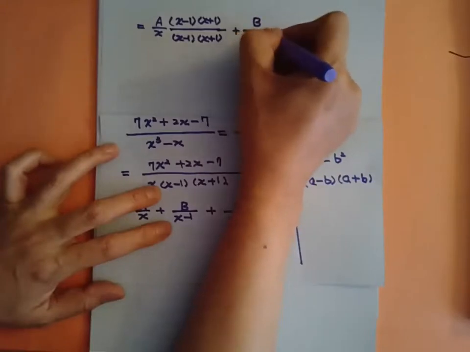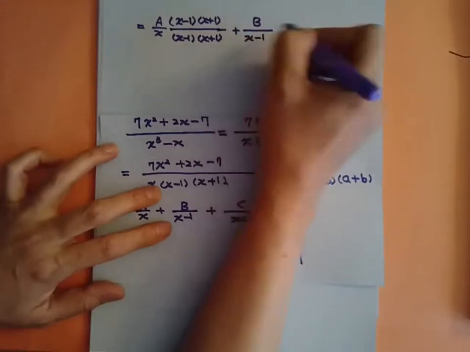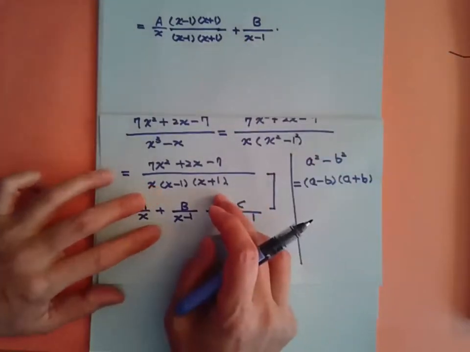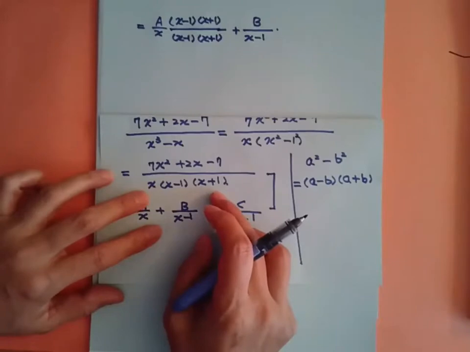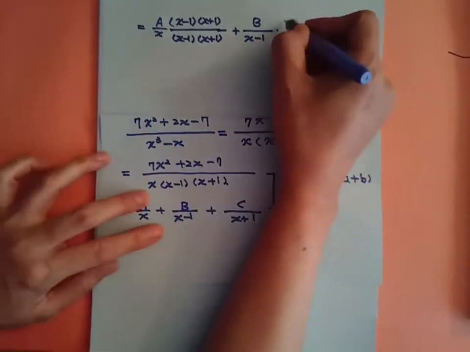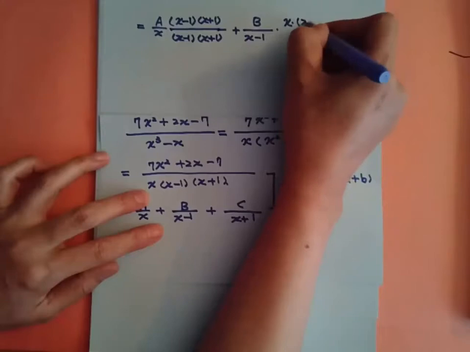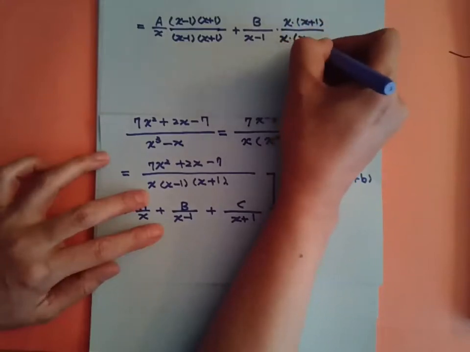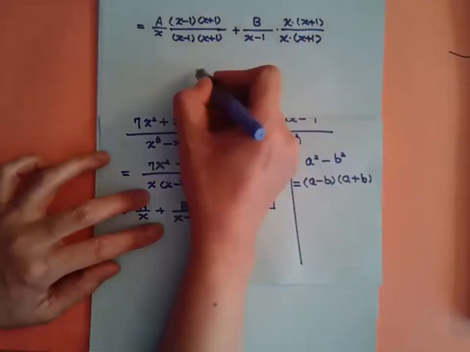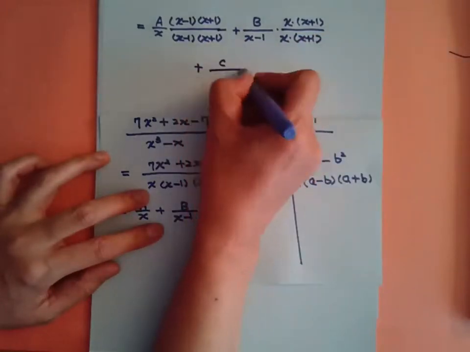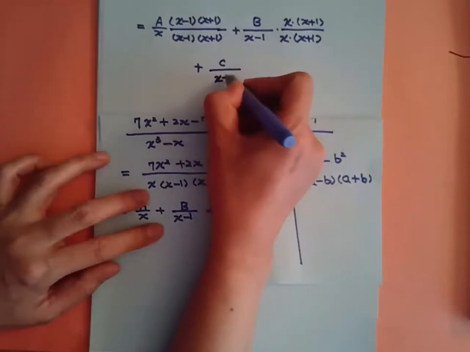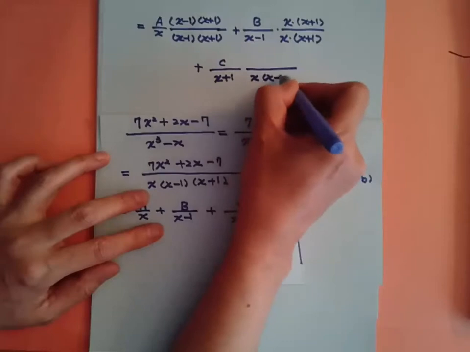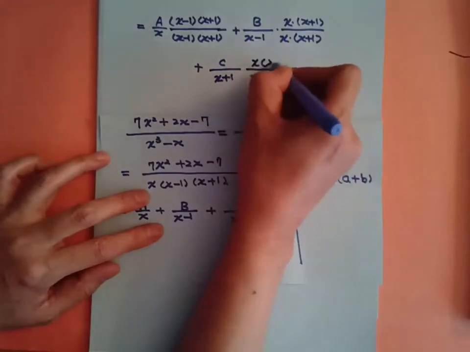The second one is b over x minus 1. To make the common denominator, we have to multiply by x times x plus 1, on the numerator and on the denominator. The third fraction is c over x plus 1. So we have to multiply by x times x minus 1 on the numerator and denominator.